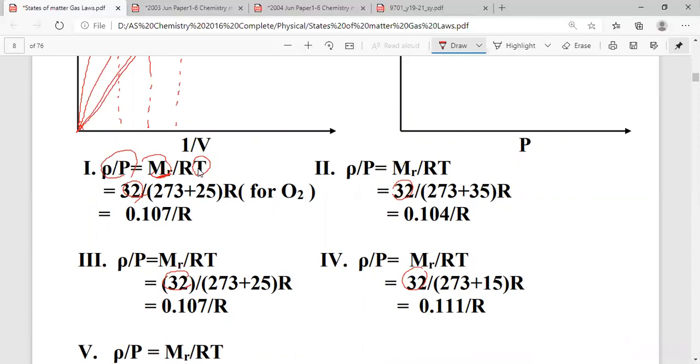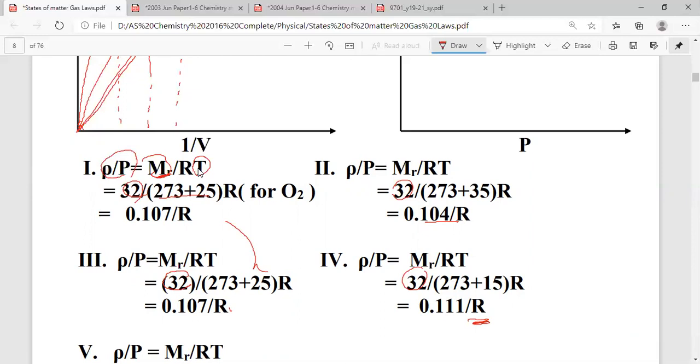T, remember, is over this plus this one here. So for the first one it is 107. The second one, the temperature is higher, divided by a smaller value. Temperature here is the same as this. Temperature is lower, of course lower still.